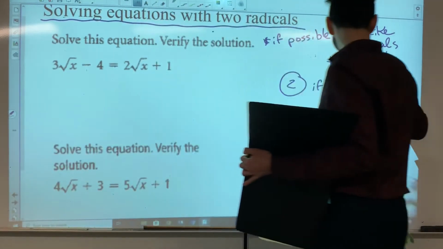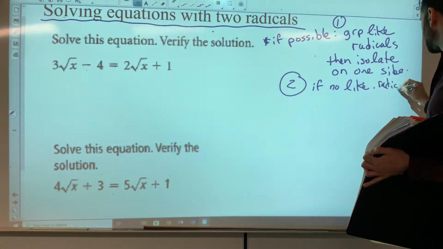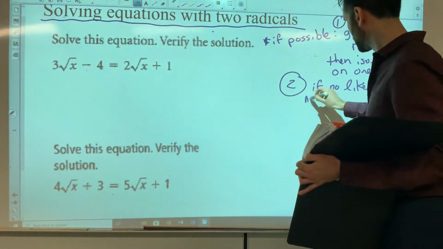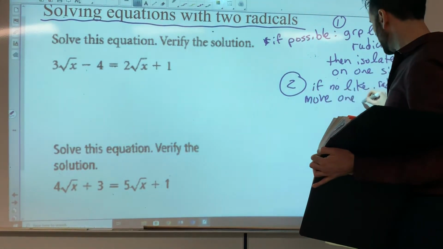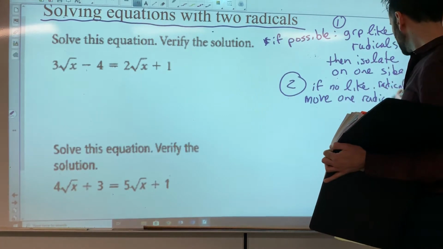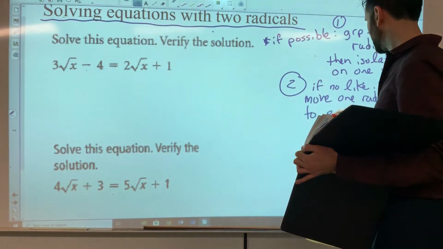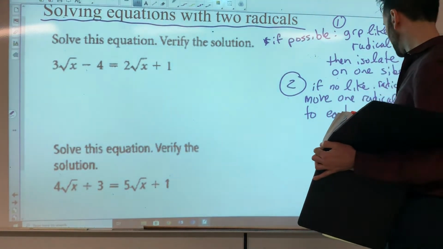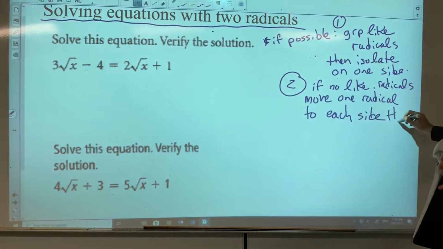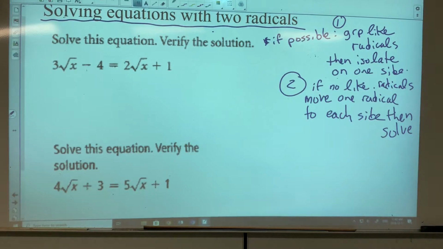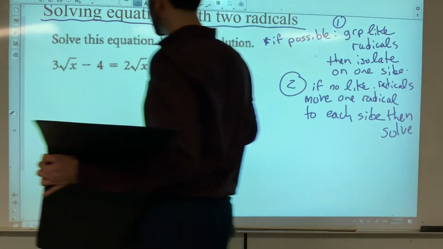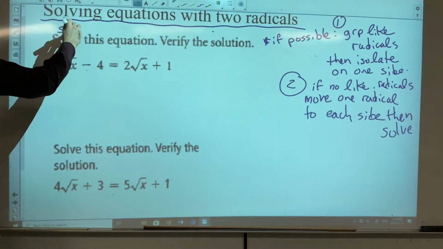If there's no like radicals, move one radical to each side, then solve. So those are some pretty general instructions. This is an example of situation 1. So if you want to write situation 1.